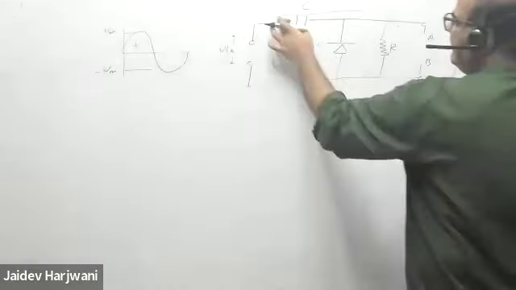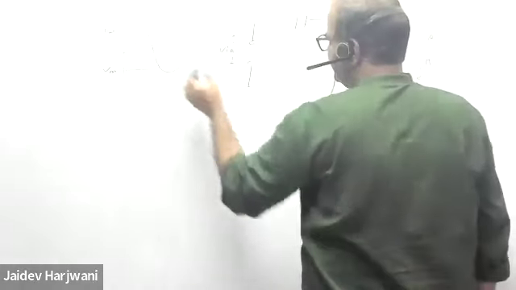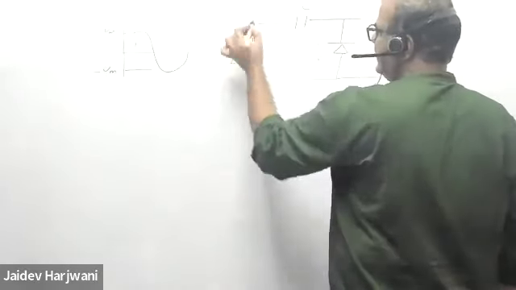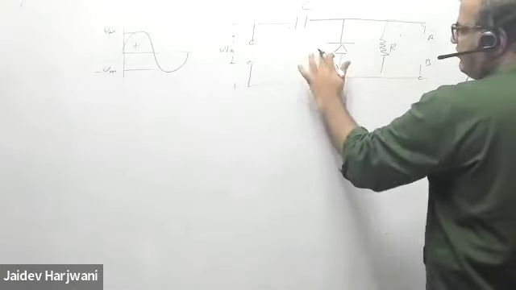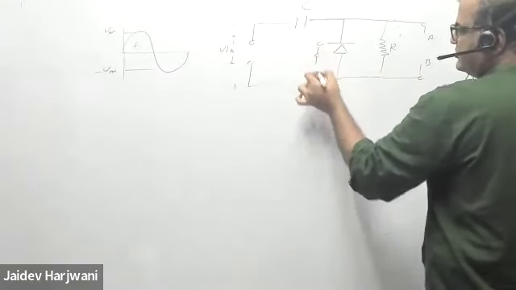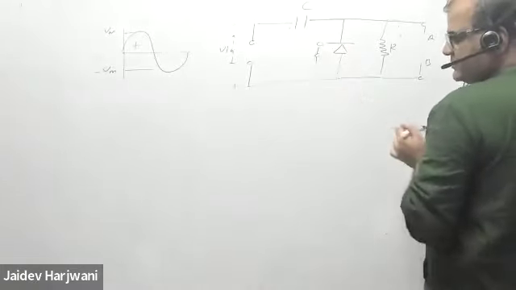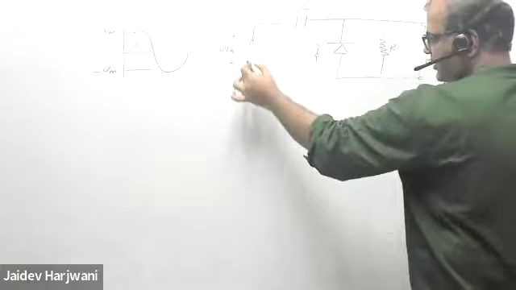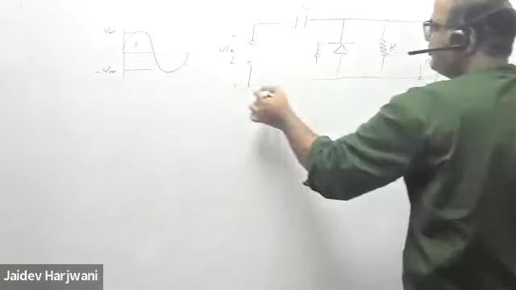But in the negative cycle, this is plus, this is minus, and this will make the diode forward bias. Once the diode is forward bias, there is no voltage drop in this branch, so all the voltage can drop across the capacitor.